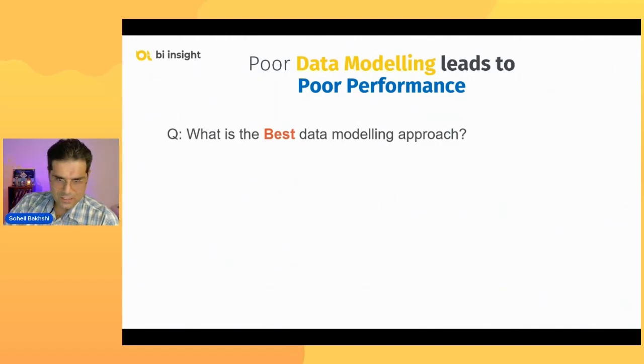One of the questions that I usually ask is, what is the best data modeling approach? Or is there a best data modeling approach? The answer to this question is that honestly, there is no one size fits everybody, right? So I don't think there is a best data modeling approach.